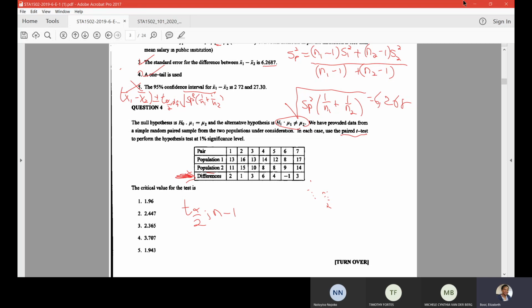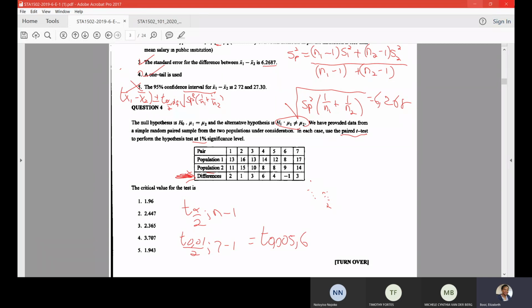How many do we have? We have 7. So this is at alpha 0.01, so you will say t 0.01 divided by 2, which is 0.005, and your n is 7 minus 1, which gives 6.